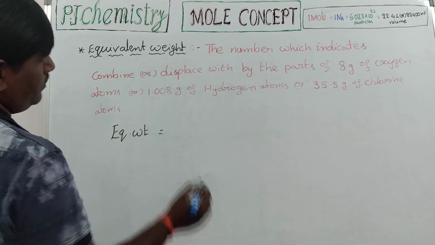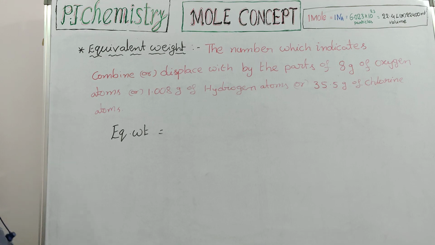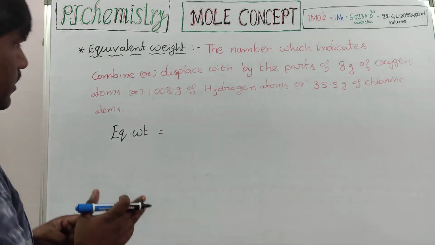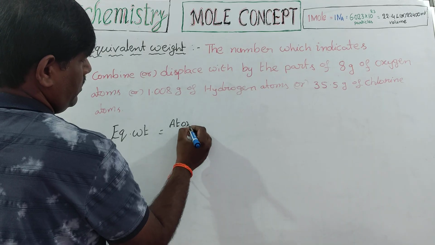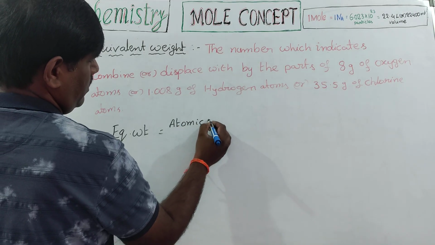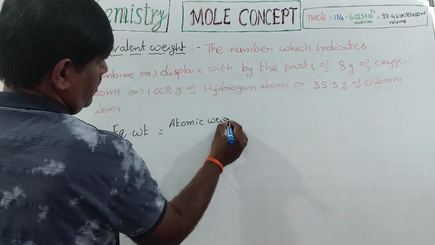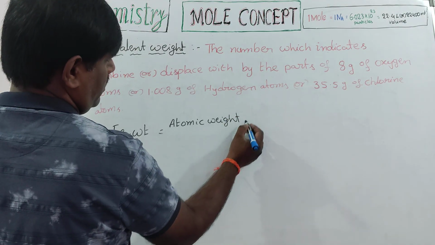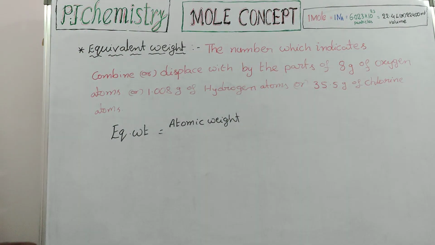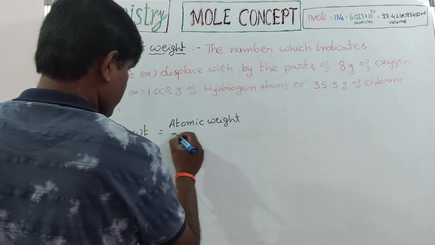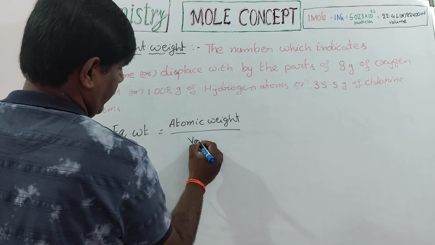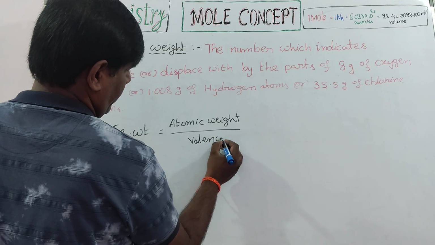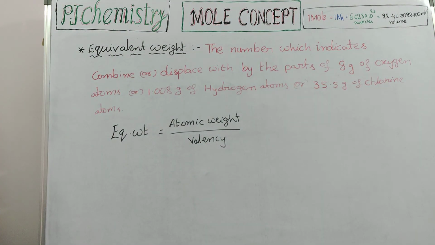If it is an element, equivalent weight is equal to atomic weight divided by its valency. Atomic weight by valency.